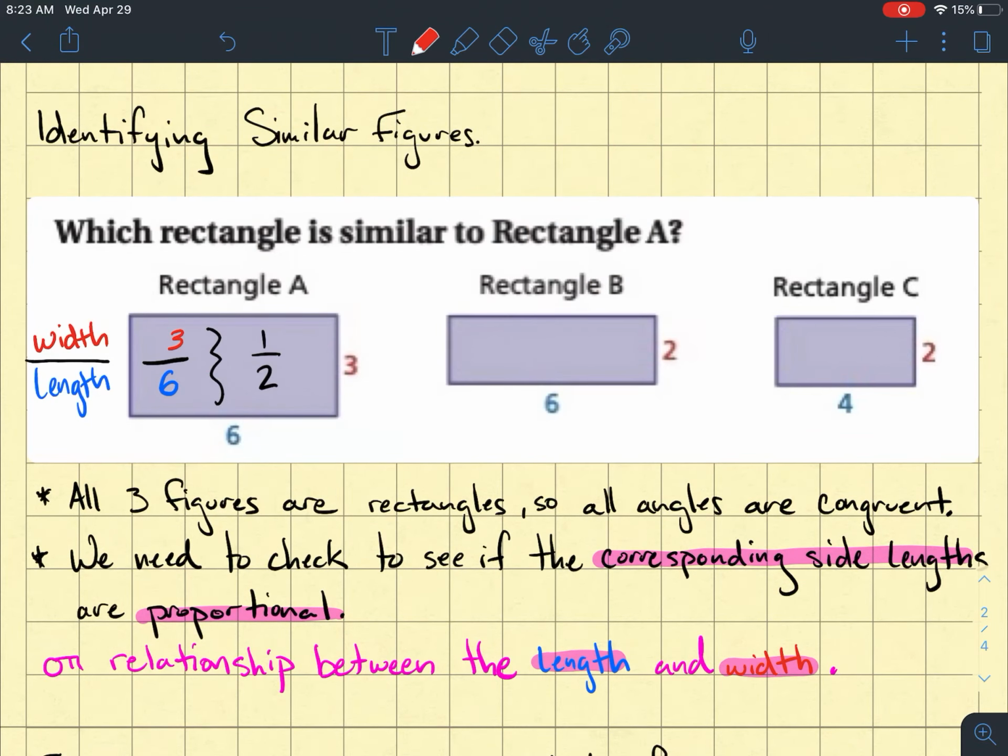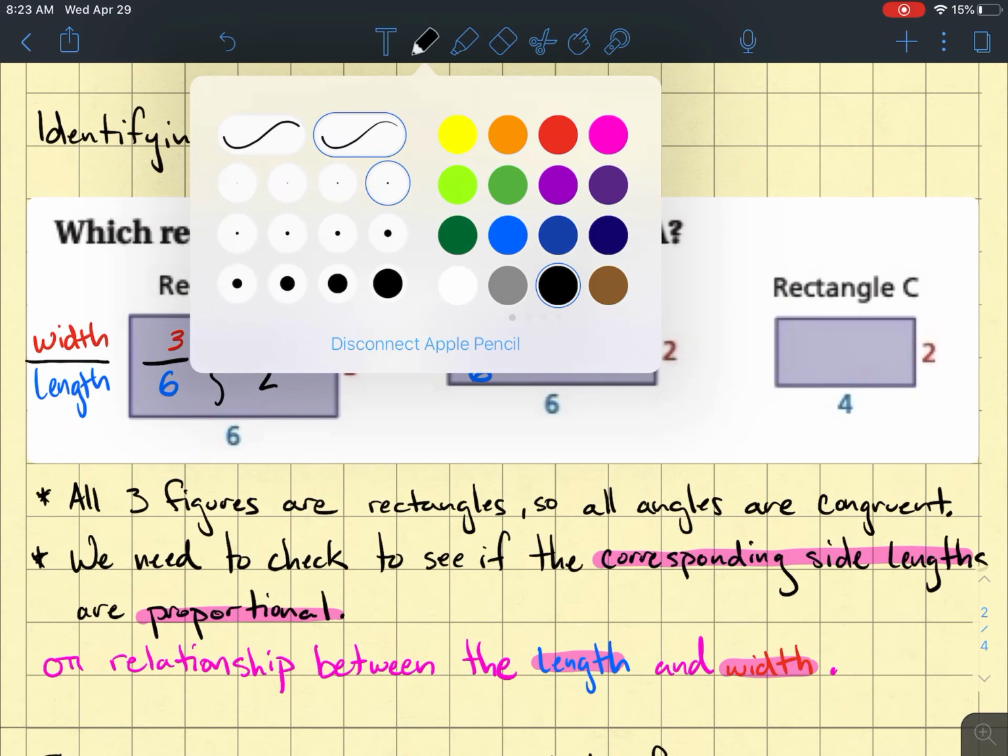So what we're looking for is this ratio between rectangle B and rectangle C's width over length. Let's look at rectangle B. Its width is 2. Its length is 6. What is its simplified ratio of width to length? It's 1/3. Are these two ratios the same? No. So rectangle B cannot be a possible solution.